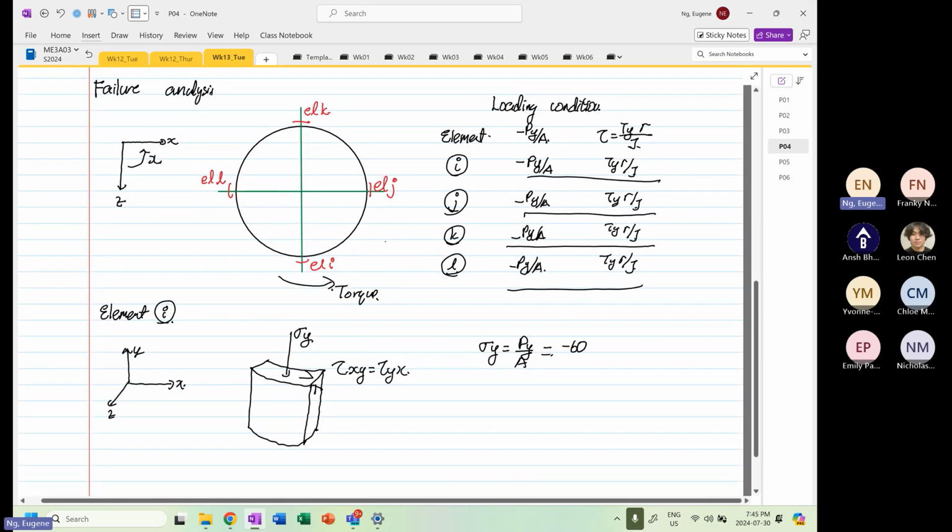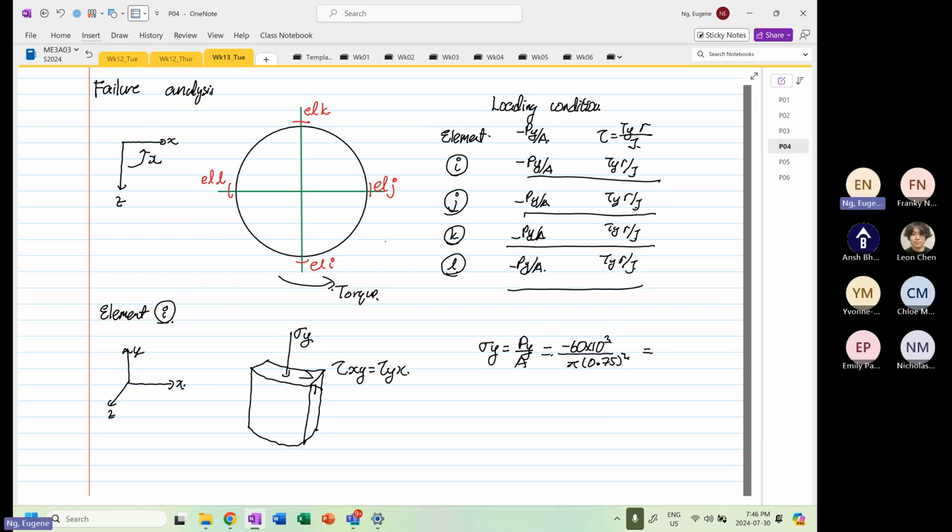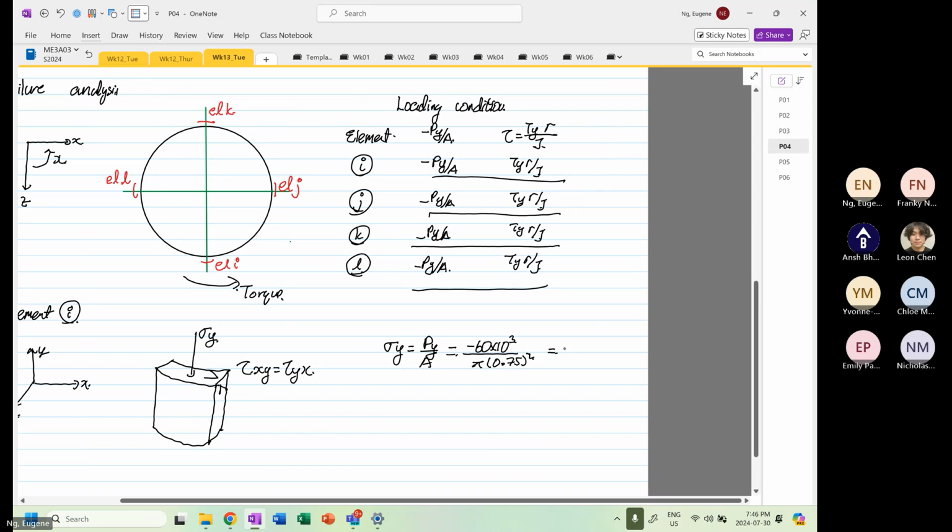Minus 60 times 10 to the power 3 divided by the cross-sectional area. The diameter is 1.5 inch, so 0.75 squared. This will be equal to minus 60 divided by pi times 0.75 squared, which is minus 33.953.